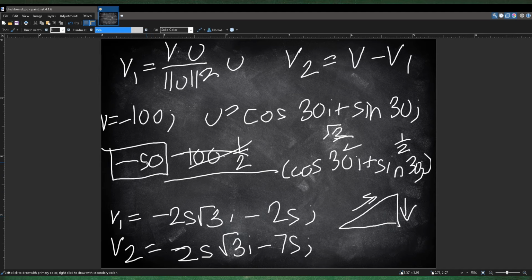This would be the force needed to keep the object still. You already have it in polar form, so you just need the magnitude, which is 50. So the force required to keep the object from moving is just 50 pounds.